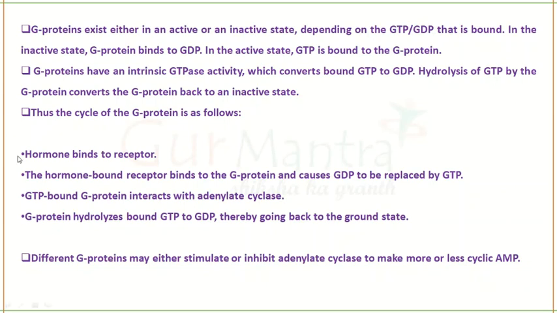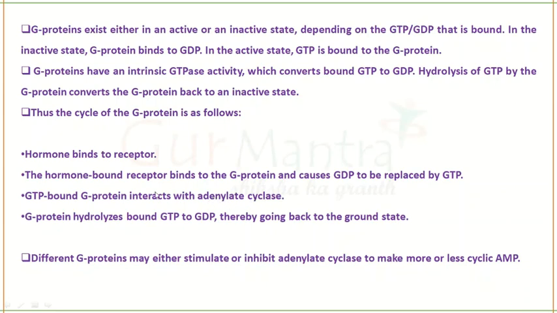So this GTP bound G protein will interact with an enzyme called adenylate cyclase. This GTP bound G protein is also called G alpha GTP, the G alpha subunit with GTP, and it will interact with the adenylate cyclase.